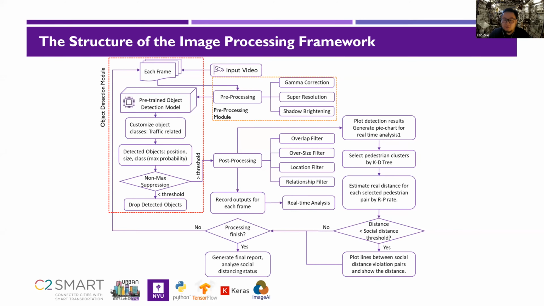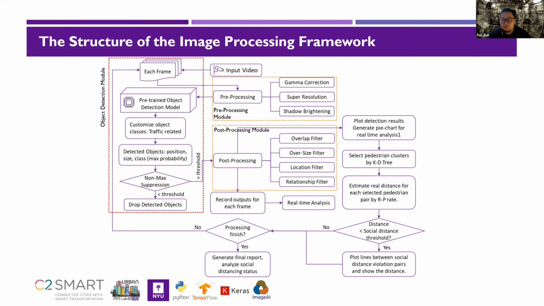And then we will have the post-processing model, because the raw output from the object detection model will have some errors, such as duplicate detections, oversized detections, or detections at an impossible location, something like a vehicle in the air.